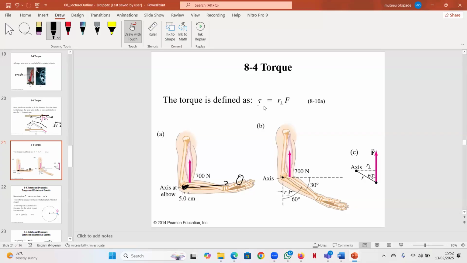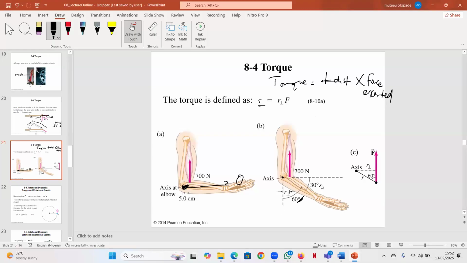So what's the formula for torque? Torque is perpendicular distance multiplied by the force exerted about that fixed point.